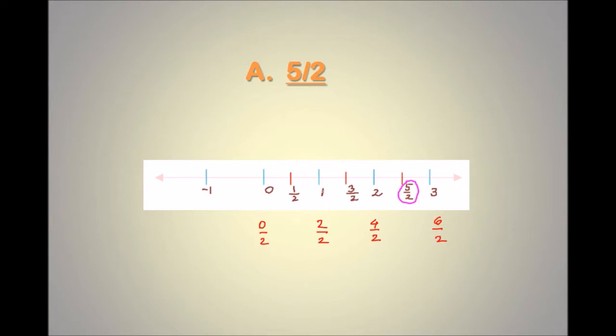Again, between 1 and 2, that is 2 by 2 and 4 by 2, this is the halfway mark, so it is 3 by 2. Next is 5 by 2. This way it goes on. Okay, so we have got the position of this rational number 5 by 2.